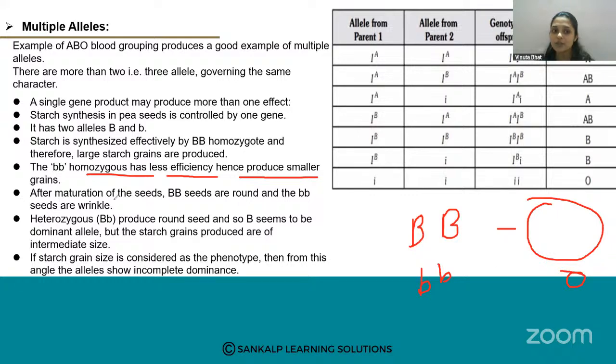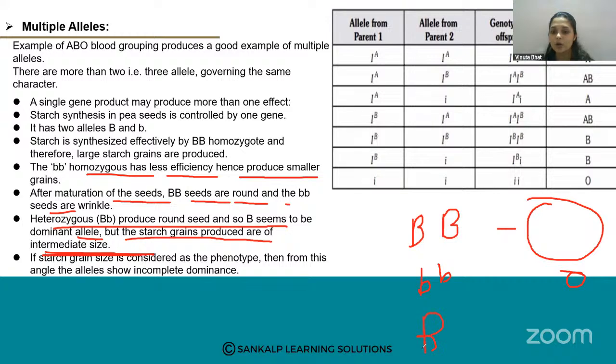After maturation of seeds, BB seeds are round and small b small b seeds are wrinkled. Heterozygous produces round seeds, so B seems to be a dominant allele, but the starch grains produced are of intermediate size.